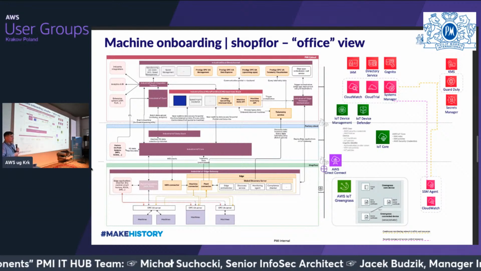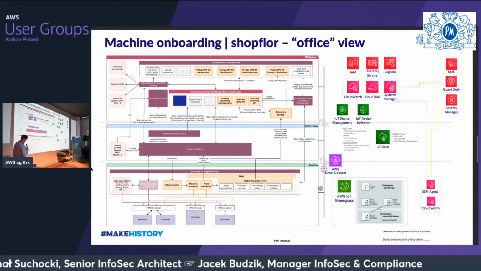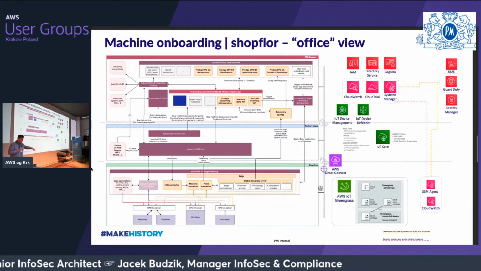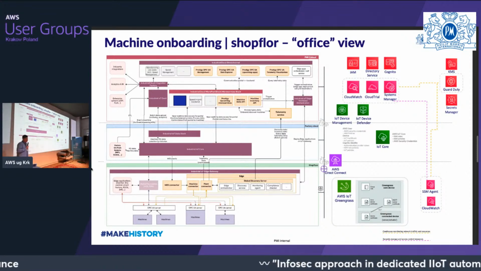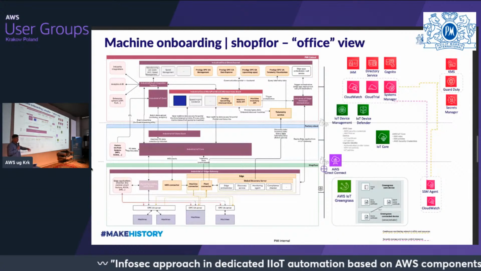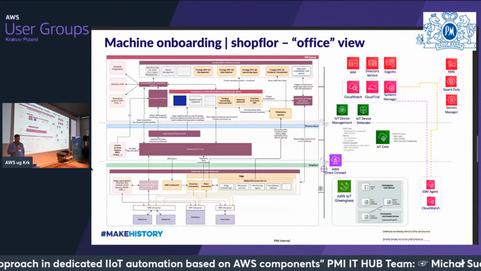Because if we look at those machineries, a lot of them are still running Windows 98. But it's not even about Windows. It's also about the PLCs, about I/O, about analog signals, and also protocols which are owned by a specific vendor. So this was the problem.